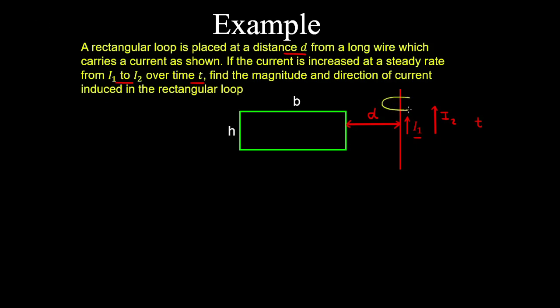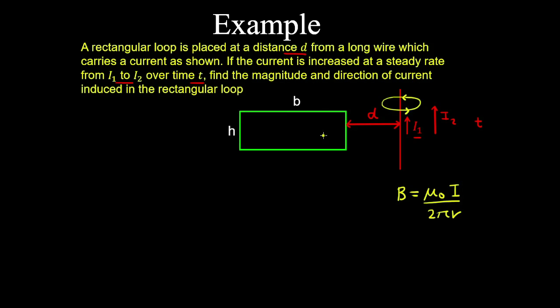So as we know, the magnetic field due to a long wire has a magnitude of the magnetic permeability times the current in the wire over 2 pi times the radial distance from the wire. And the direction is determined by the right hand rule. So given the current is going upwards, then the magnetic field line will be anti-clockwise.